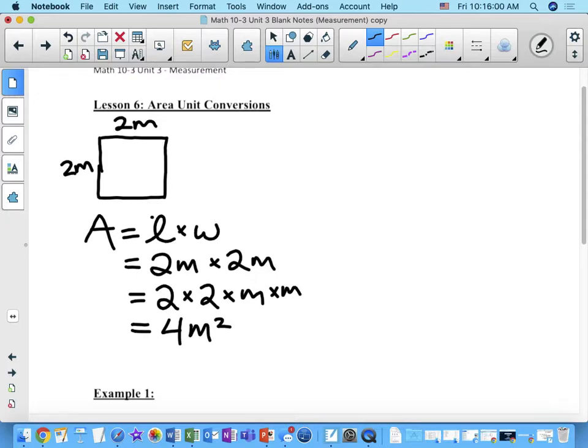Okay, so here's the question. Let's say you wanted to convert this area into centimeters squared. Okay? So what would this be in centimeters squared?